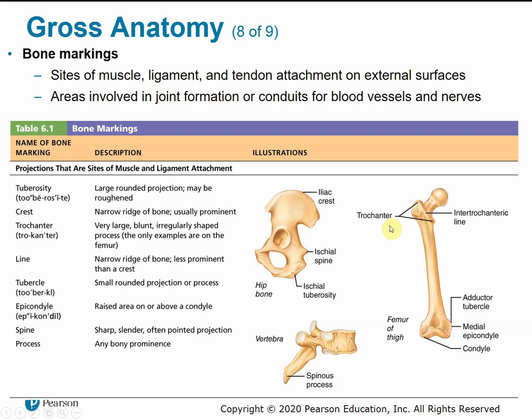Bone markings are sites of muscle, ligament, or tendon attachment on the external surface of the bone. Some are areas involved in joint formation or conduits and channels for blood vessels and nerves to run through. So again, for lecture, you're not going to have to learn all of the names of the parts of the bones, but this will come in handy for lab. So you not only need to know the names of the bones, but you will need to know a lot of these bone markings. There are some bone markings that are projections that are typically going to be sites of muscle and ligament attachment.